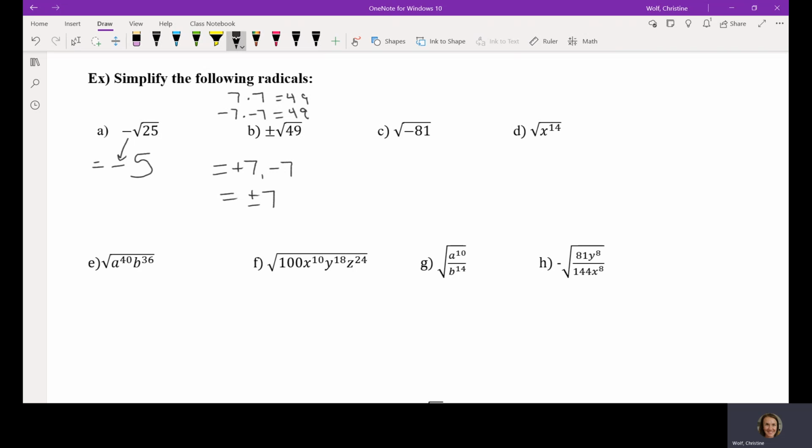The square root of negative 81. What times what, that's itself, the identical number, gives you negative 81? 9 times 9? Well, isn't 9 times 9 positive 81? So that's not what we want.